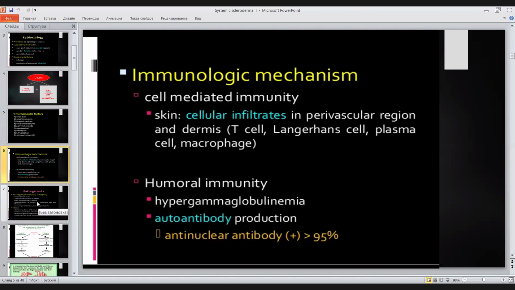Producing anti-nuclear antibody will be the next step to the formation of the antigen-antibody complex, which starts to accumulate and deposit in the small vessels, in the inner part of the vessels, and will be the reason for big changes.